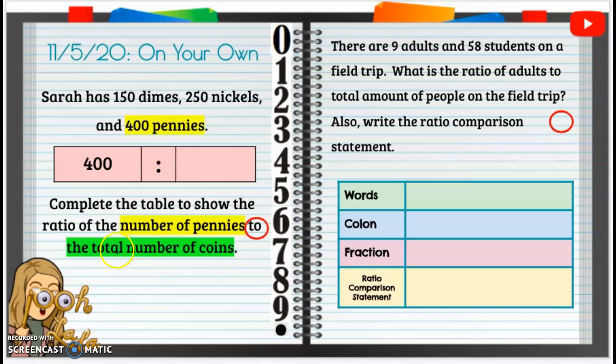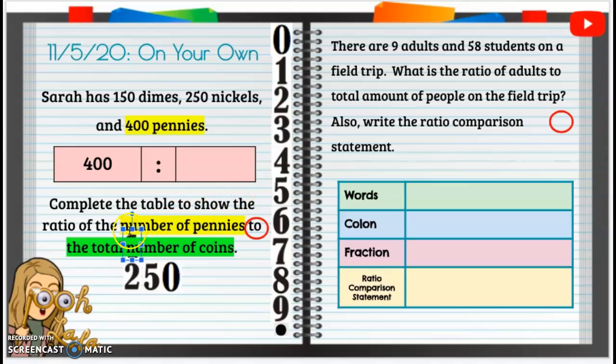So the total means we're going to have to do what? We're going to have to add all of them up. So 150 plus 250 plus 400. I'm going to use this area down here. I'm going to add 250 plus 150.